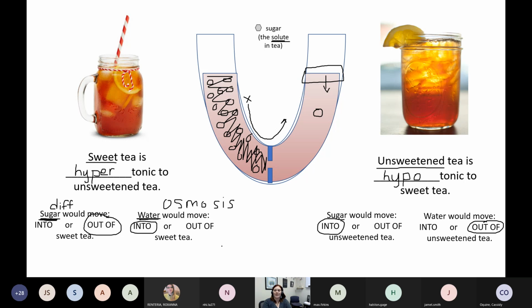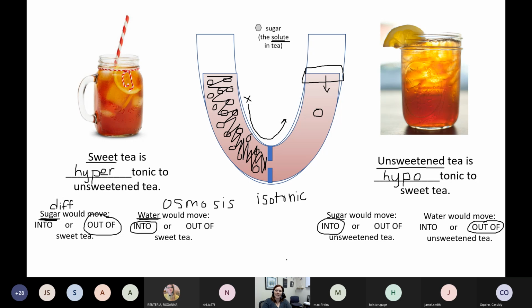And I think we can probably agree that if we were to actually make isotonic tea, pretty sure that nobody's going to drink that, right? We either need all the sugar or we need none of the sugar. There's not really a happy medium. We just get yucky tea.